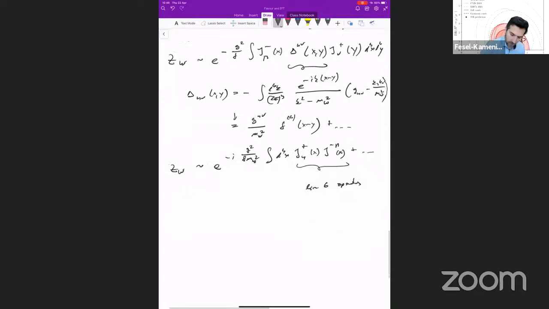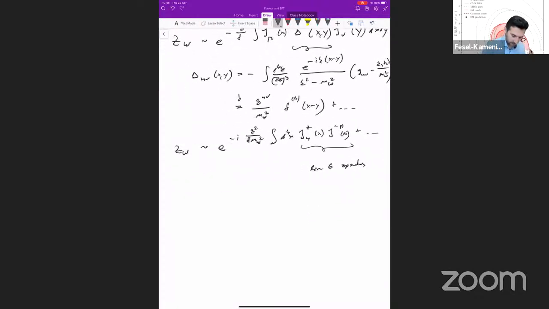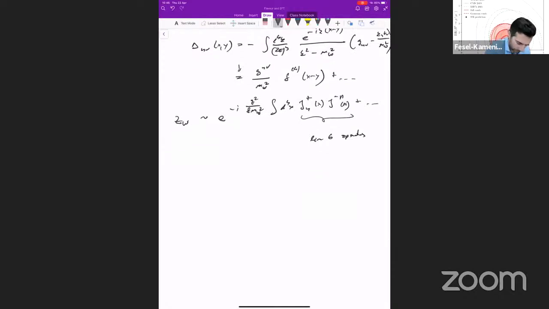Okay. So now we can generalize this example, and in general, we see that we can write the full Lagrangian with this procedure of integrating out heavy fields.